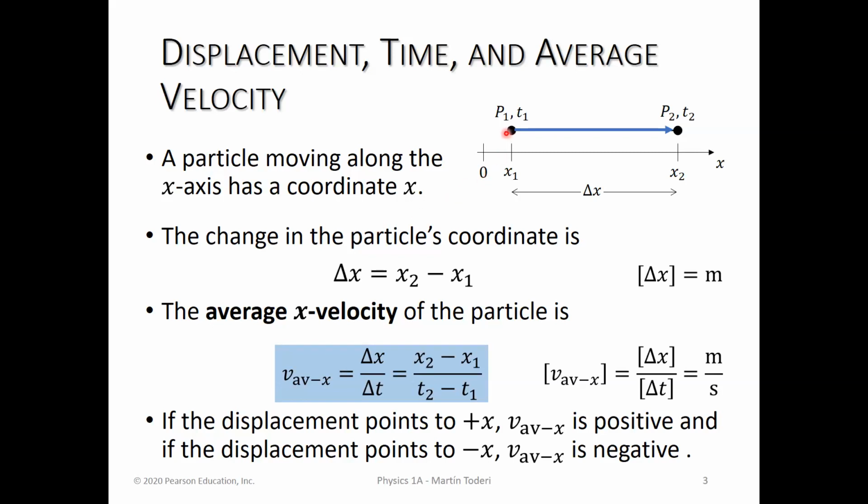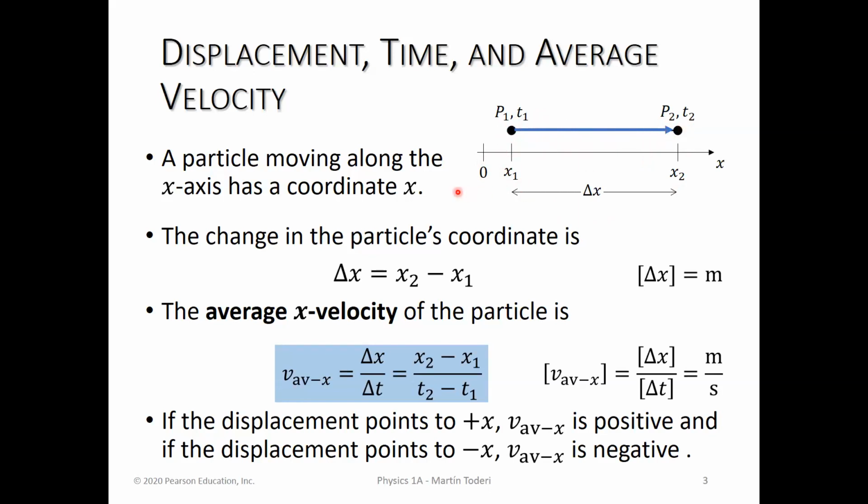If the particle is going from point 1 to point 2, and it's going from left to right, it's always more intuitive and better to choose a system of reference which is aligned with the movement that we're studying. So let's say we have this particle at position P1, which is going to position P2 in a span of time. So we have t1 and t2.